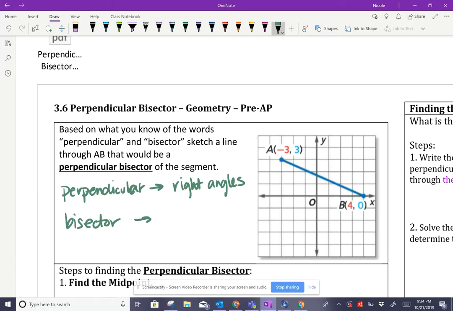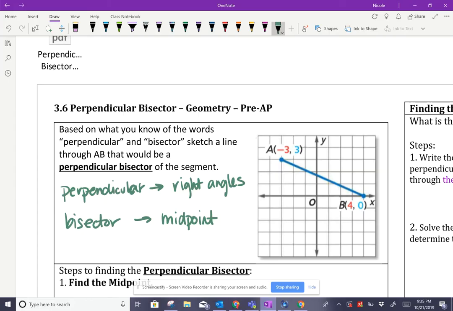We've talked about that before. I think bisectors are something that cuts something in half. So if we're talking about line segments, where does the bisector occur on a line segment? We have a special name for it, and I think that name is midpoint. So we're dealing with the midpoint and right angles.